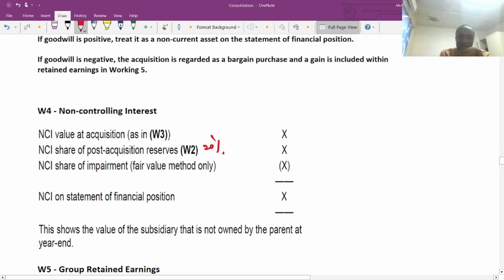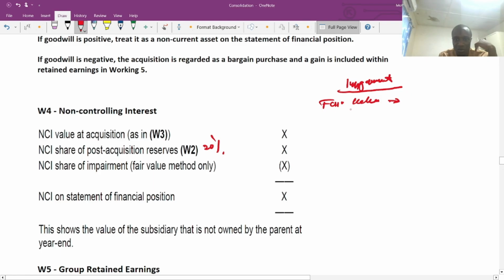Now, let's understand the treatment of impairment under the goodwill. If we are using the fair value method, then the impairment, we are going to share it between the parent and the subsidiary.